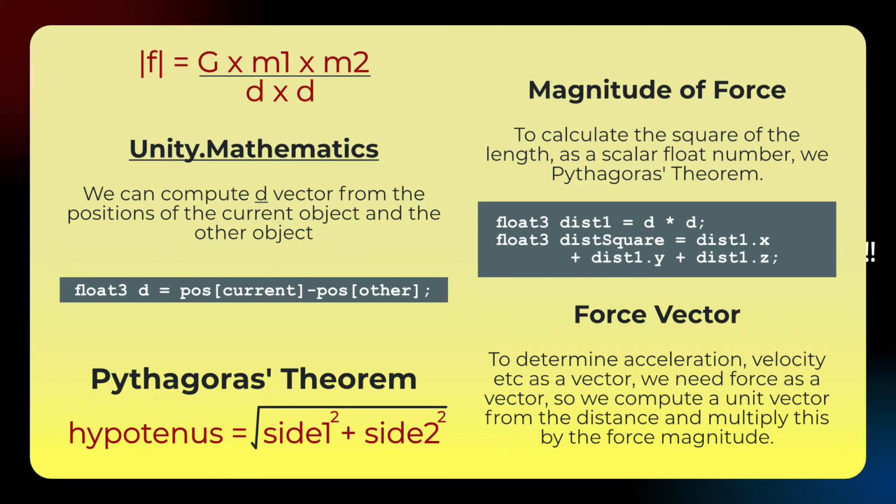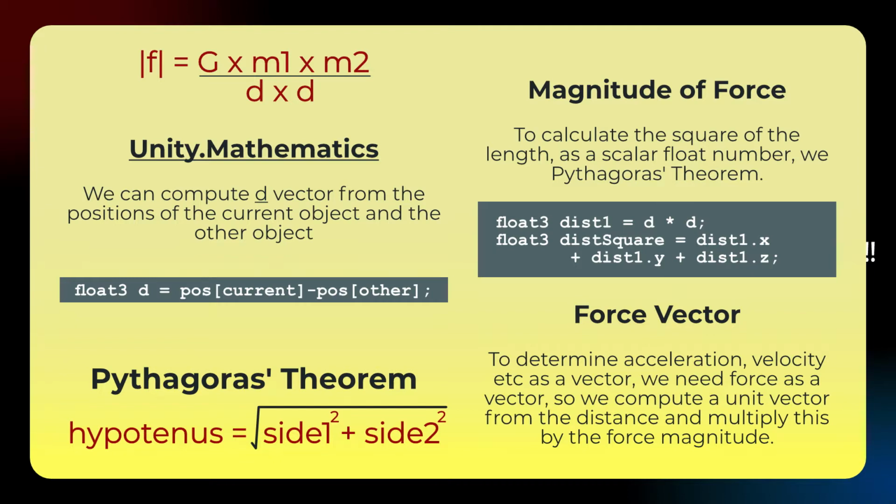Then we multiply that by f, and it scales that vector by however big the force happens to be, as determined by this calculation. And so that's how we calculate the force that they apply on each other.